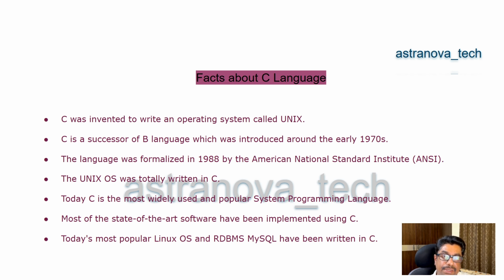So the operating systems where this programming language can be used. There are different operating systems like Unix, Linux, which is a GUI based Unix, and Windows, the modern Windows operating system.